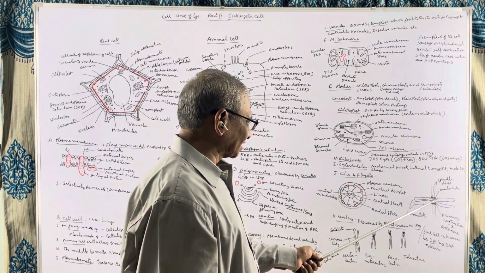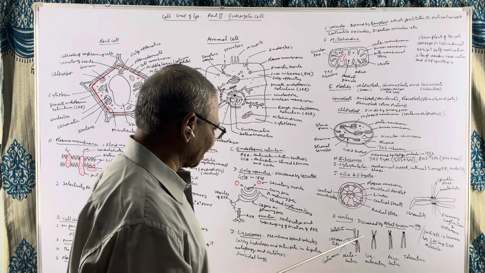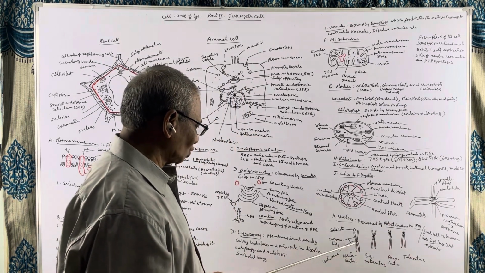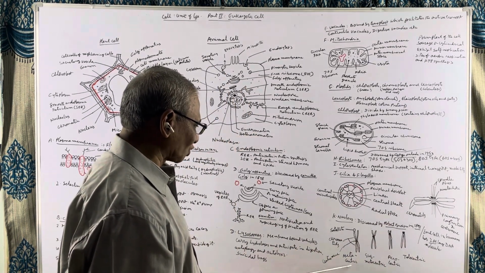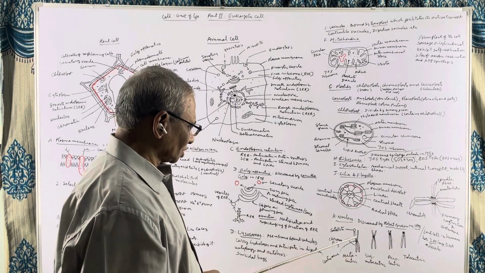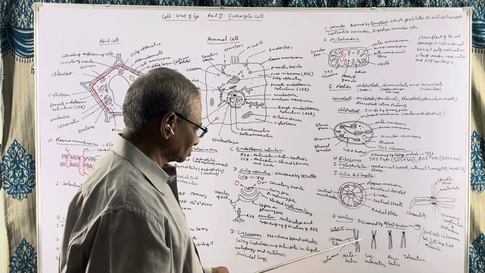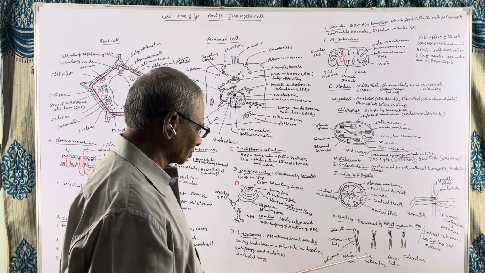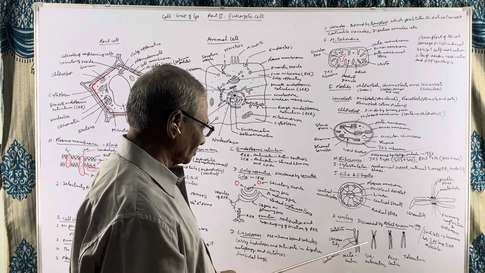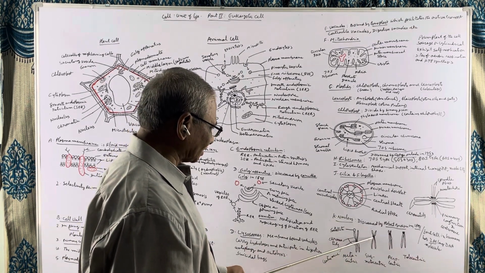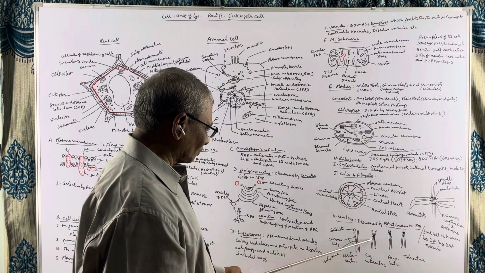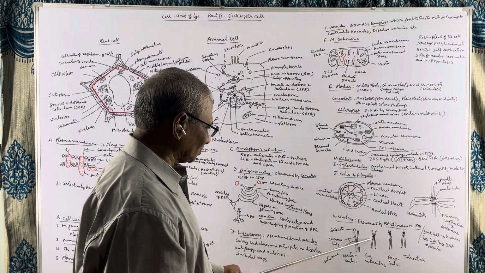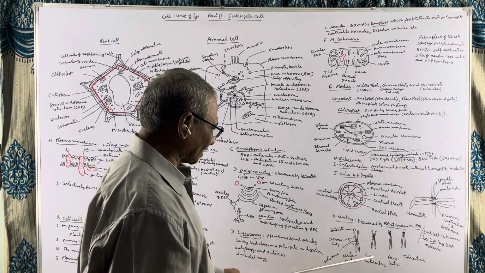If the primary constriction is exactly in the middle of the chromosome, we call that chromosome a metacentric chromosome. Both arms are equal. This is one arm, this is another arm. Submetacentric: if the centromere is slightly away from the middle of the chromosome, it is known as submetacentric.